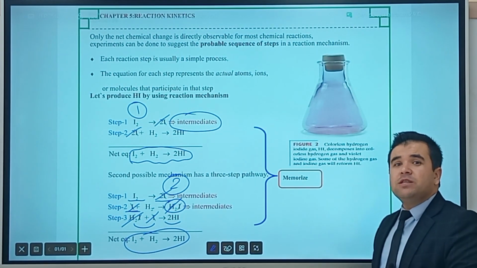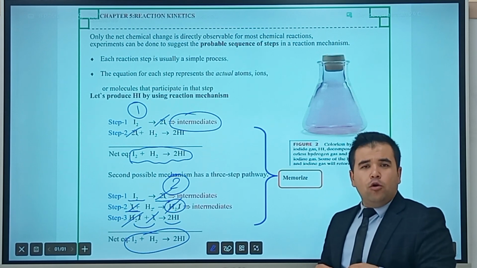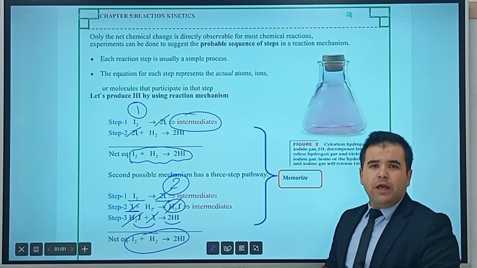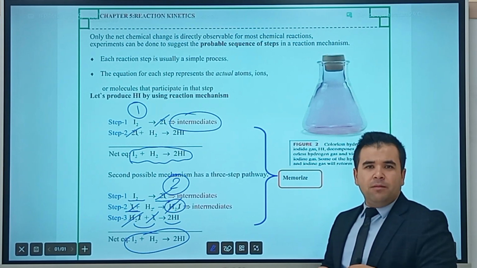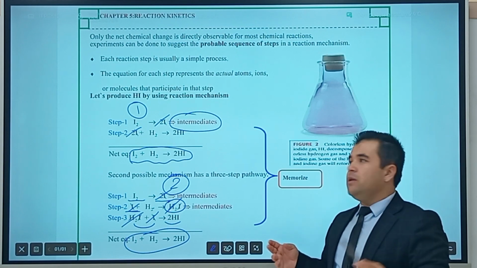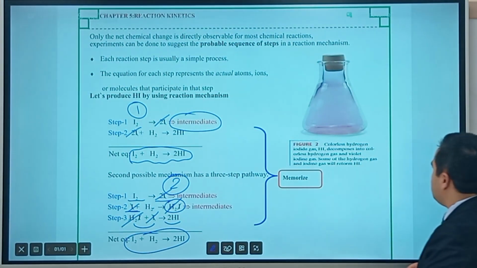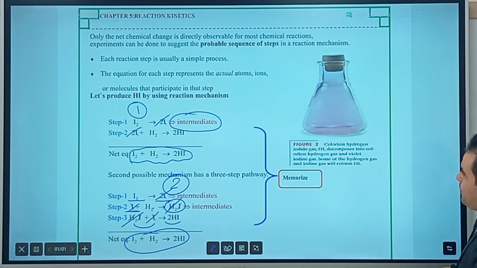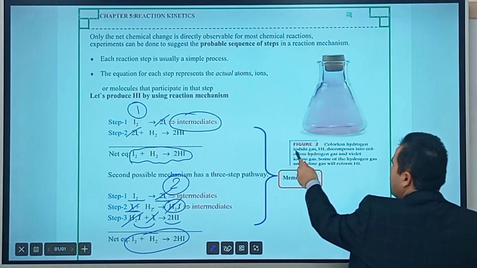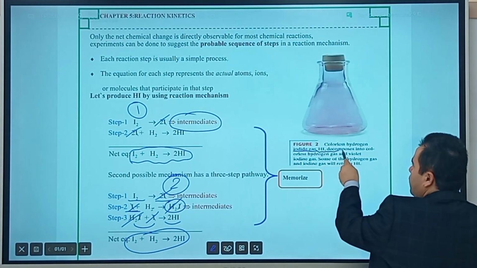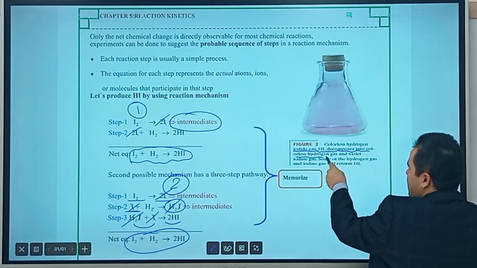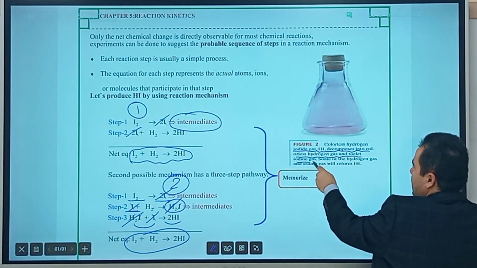Because there will be questions like: which of the steps is a step in the mechanism of formation of HI, or which is not a step in the mechanism, or other questions which need us to memorize these two mechanisms. Colorless hydrogen iodide gas, HI, decomposes into colorless hydrogen gas and violet iodine gas.